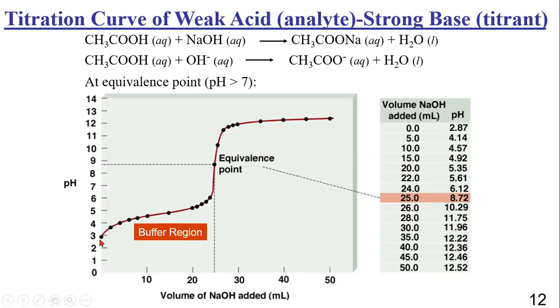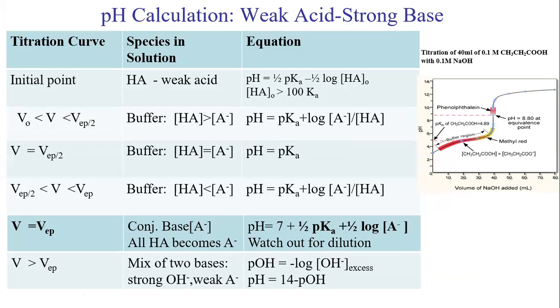There's more or less an initial rise, but then suddenly I have a region here where there's hardly any difference in pH value. Here, what I want you guys to do is definitely memorize this chart, and what is present in each point.